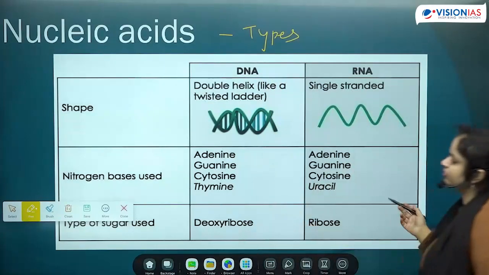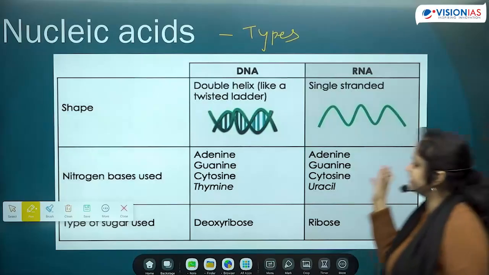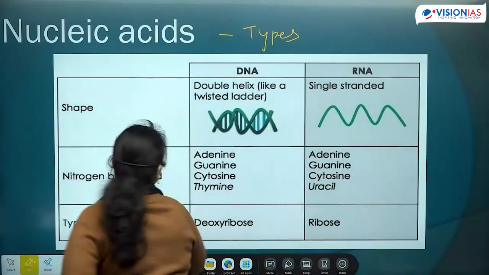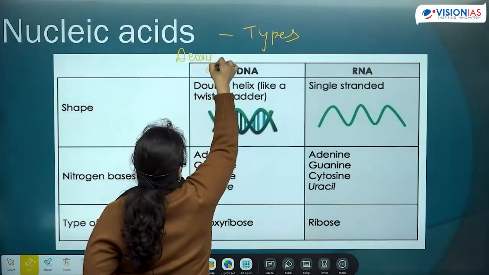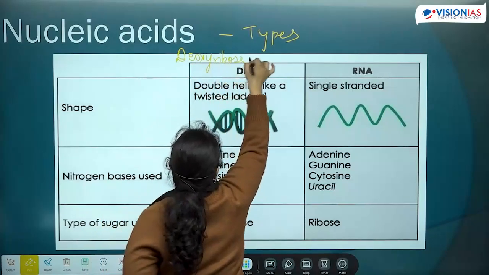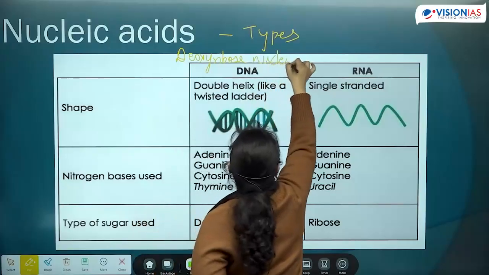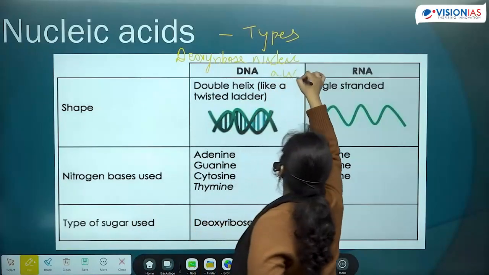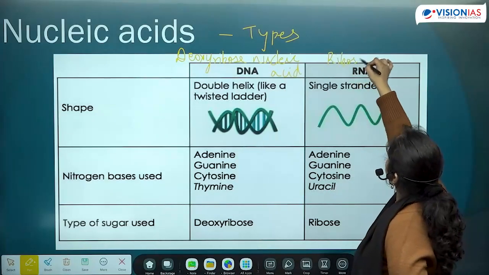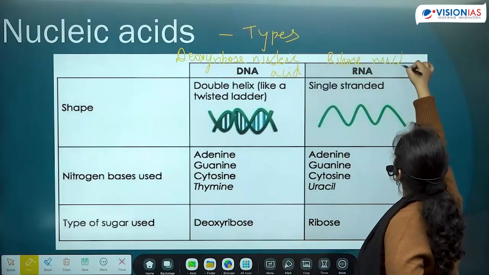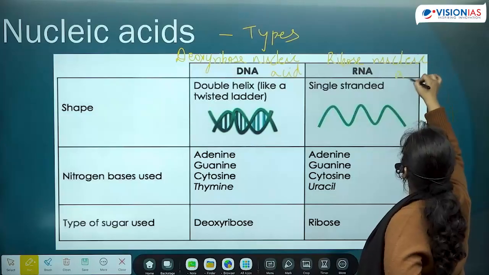You have two types of nucleic acids, DNA and RNA, and you can write their full form also. Deoxyribose nucleic acid and ribose nucleic acid.